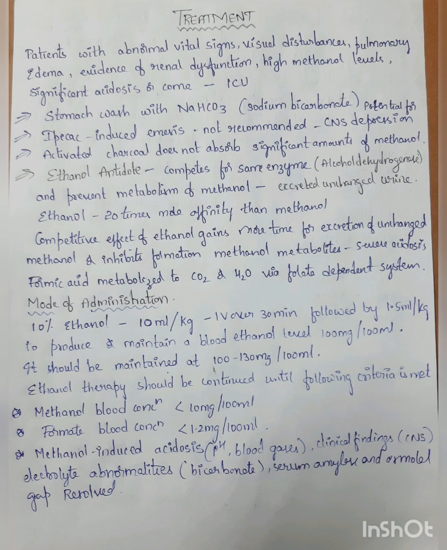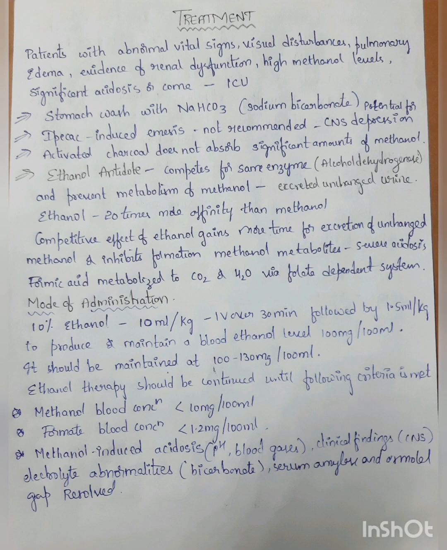Mode of administration: 10% ethanol, that is 10 ml per kg IV, is given over 30 minutes, followed by 1.5 ml per kg to produce and maintain the blood ethanol level, that is we have to maintain the blood ethanol level at 100 mg per 100 ml.